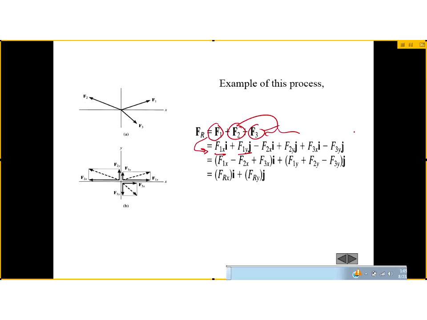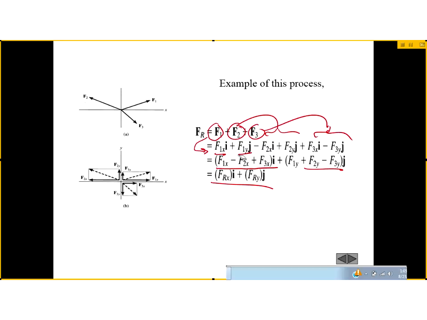Then you can group all the terms together: f1x, f2x, f3x, and f1y, f2y, f3y. You add them together, and your resultant has an x and a y component, which is determined by those 3 subcomponents.